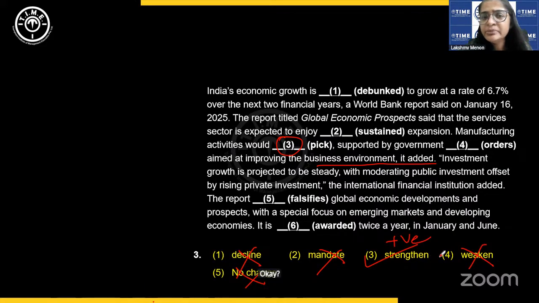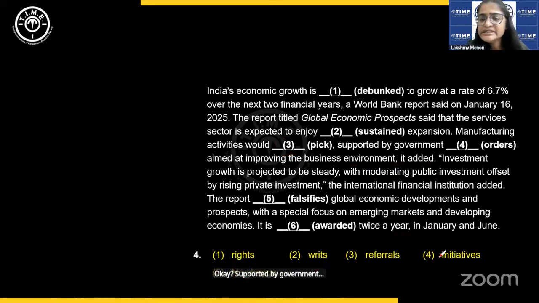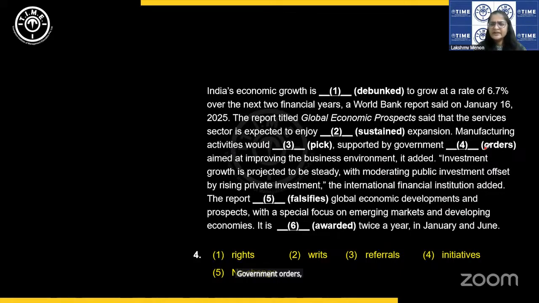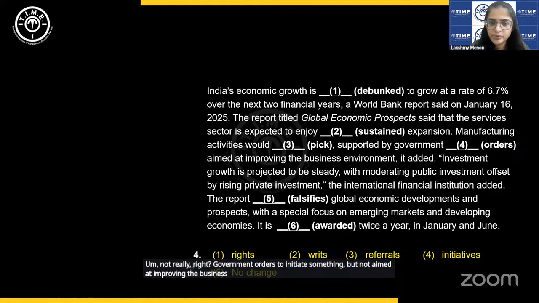Supported by government. It can be policies or something along those lines. Government orders aimed at improving the business environment. Does that make sense? Government orders. Not really, right? Government orders to initiate something, but not aimed at improving the business environment. Policies would be okay, but we don't have the word here.